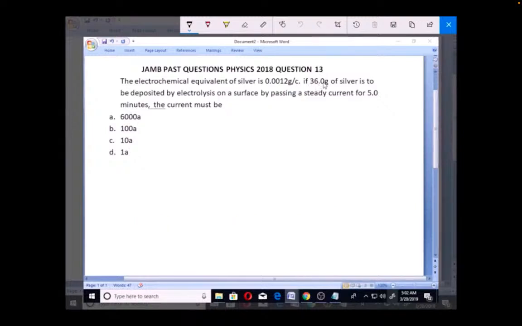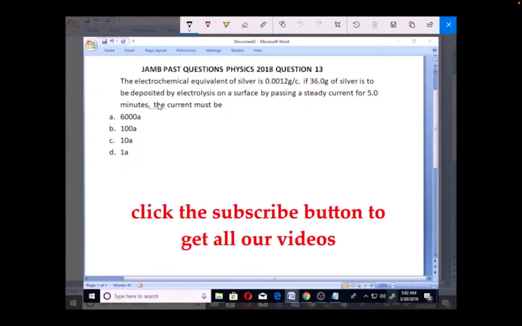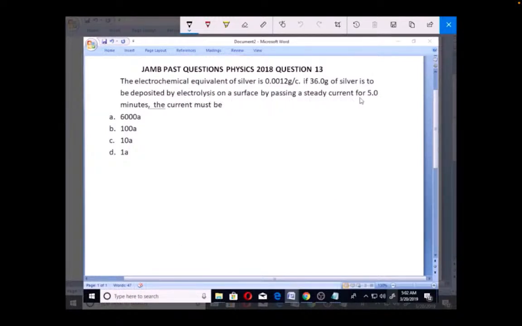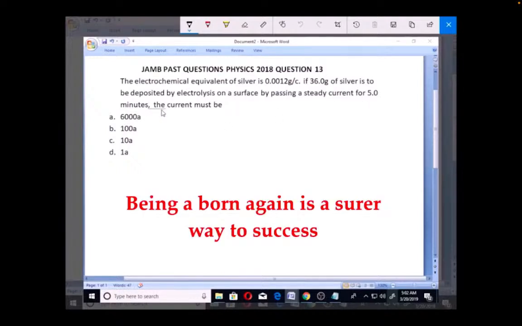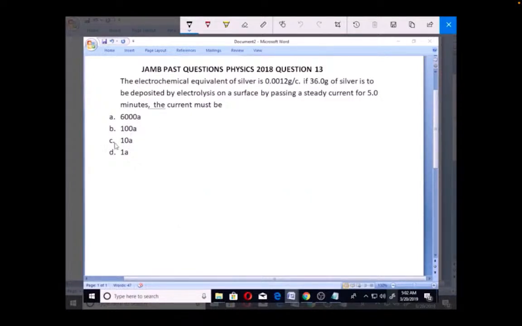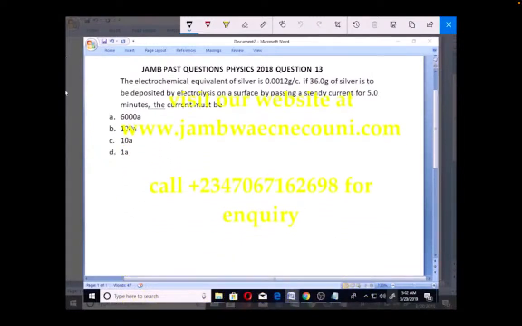If 36.0 gram of silver is to be deposited by electrolysis on a surface by passing a steady current for 5 minutes, the current must be: A. 600 amperes, B. 100 amperes, C. 10 amperes, D. 1 ampere. The A's are in capital letter for amperes.